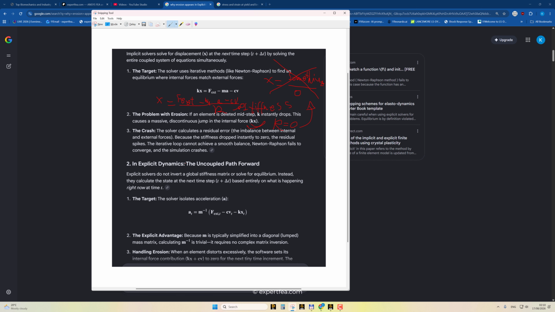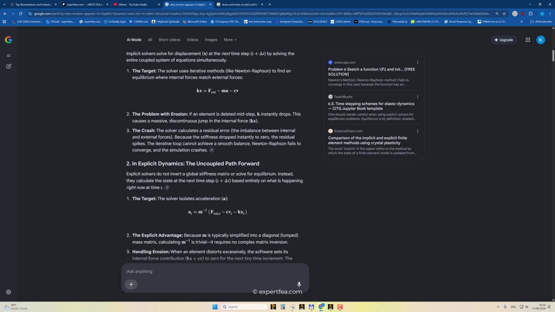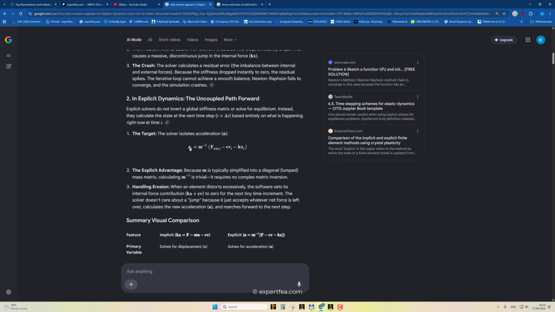On the other hand, when using an explicit solver, the solver finds out the acceleration. The term with the stiffness, which is responsible for the deletion of the element, might become 0 because the k, the stiffness, becomes 0, and it does not interfere with our solving.